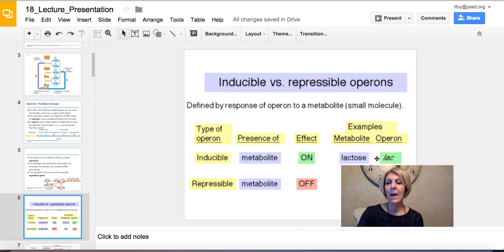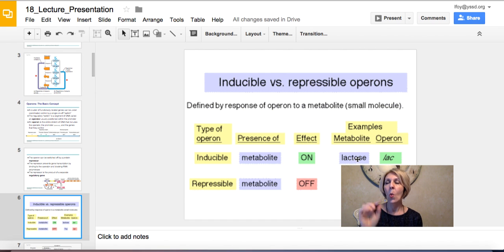So let's talk about the lac operon. Bacteria would rather use glucose as their primary fuel, but they can also use lactose. Lactose, which is a disaccharide, needs some enzymes to cut it into two monosaccharides, galactose and glucose.